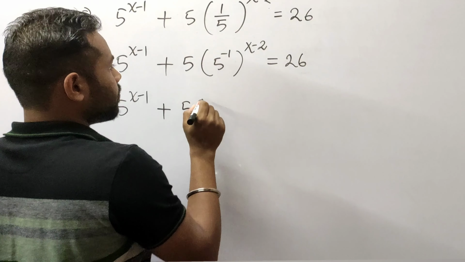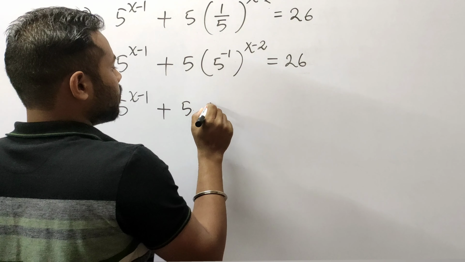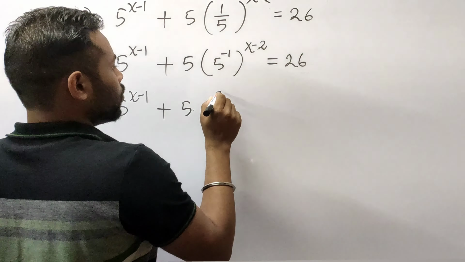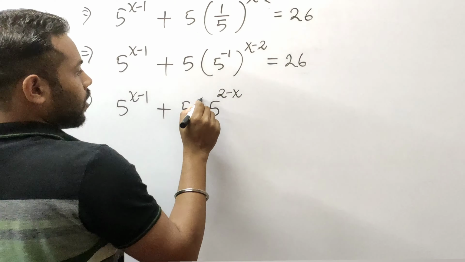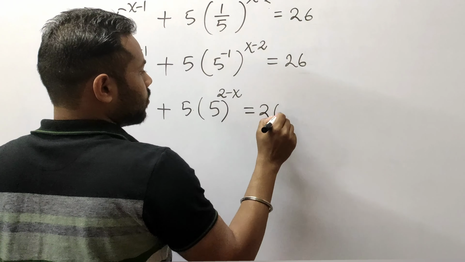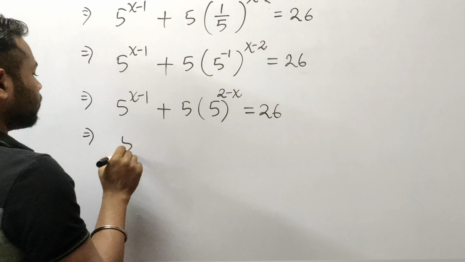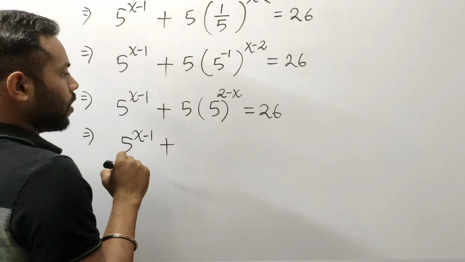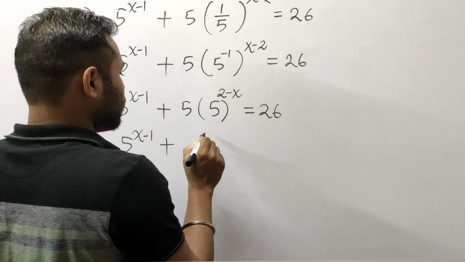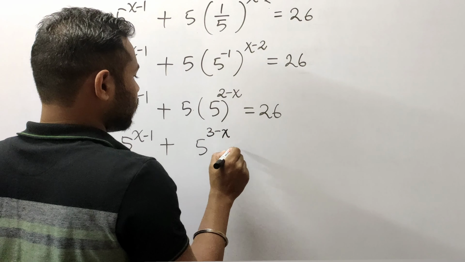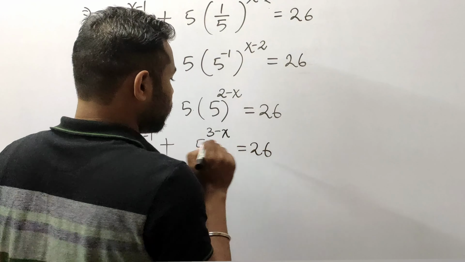This is going to be 5 to the power 2 minus x, right, 26. And now if you simplify, this is going to be plus 1, so 3 minus x is 26, right?